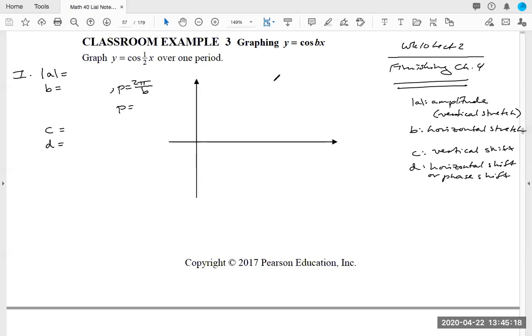Okay, so remember the form that you're matching to.